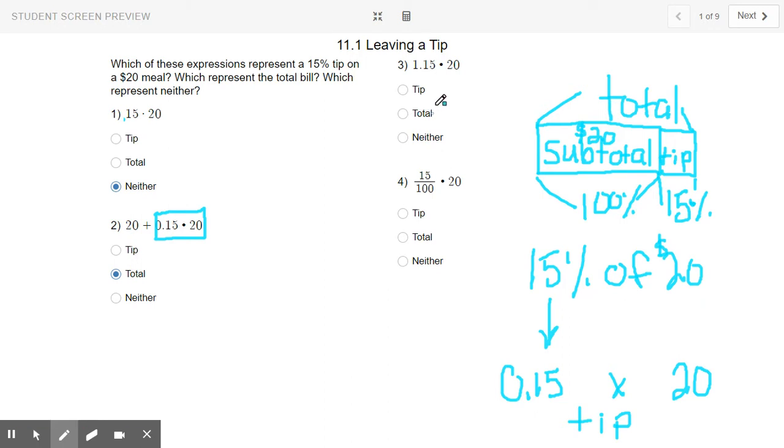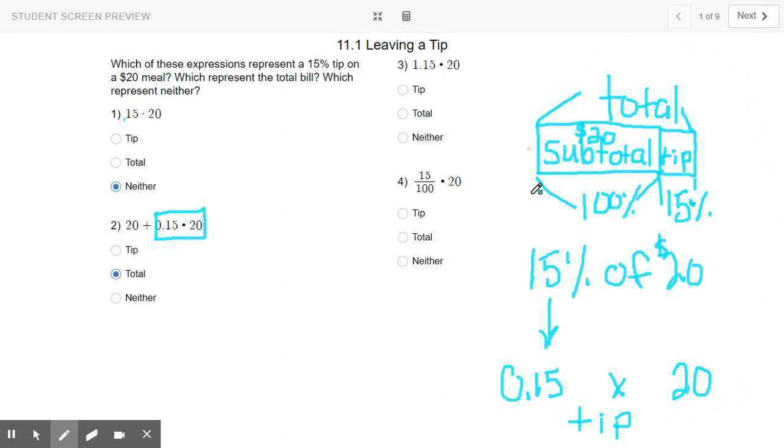All right, let's take a look at this. 1.15 times 20. Well, we know where the 20 is coming from, right? That's the subtotal. Now, 1.15, I'm trying to think in my head, how would we get this 1.15?